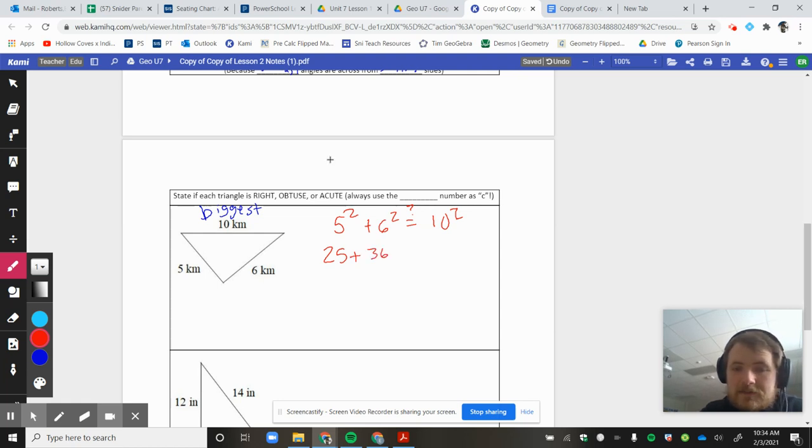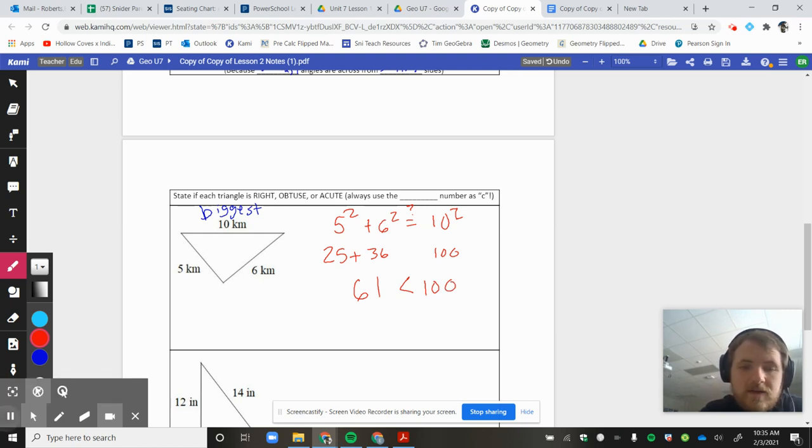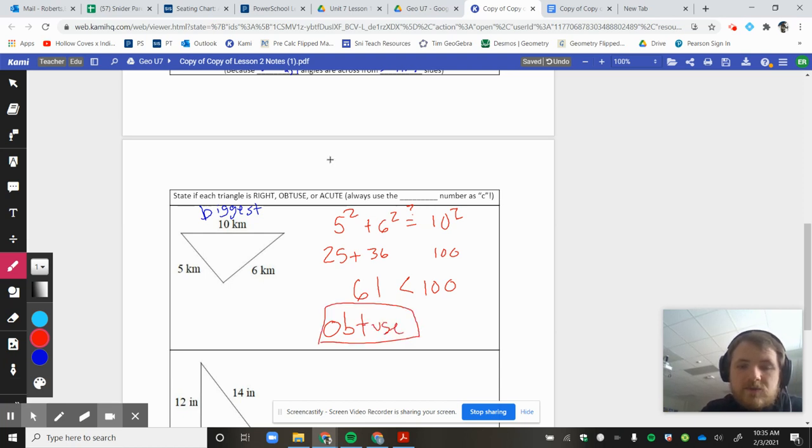That's not going to be equal to 100. Dang. That gives me 61, I believe, and that is smaller than 100. So since c squared is bigger, this is an obtuse situation.